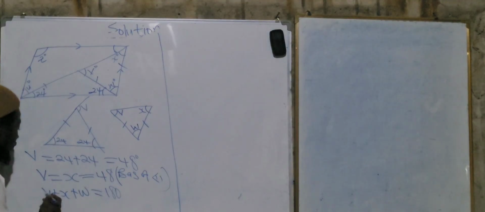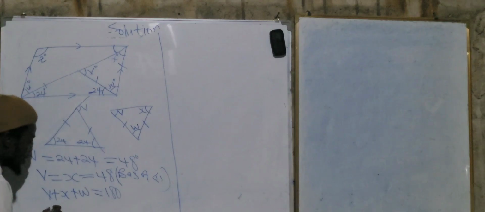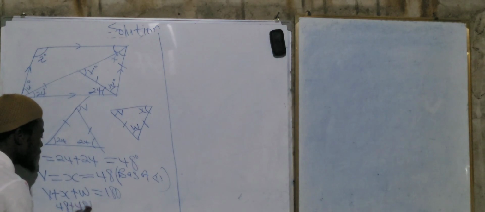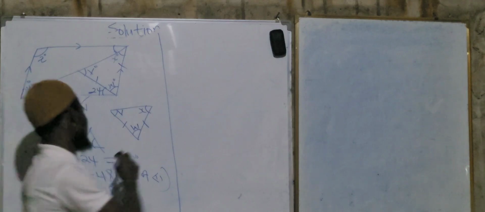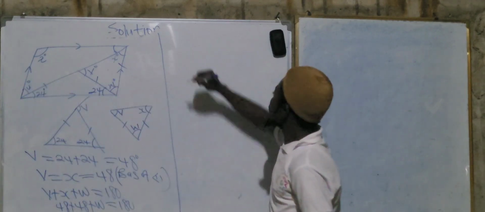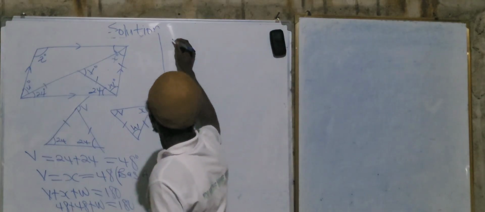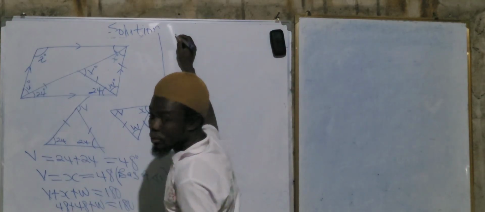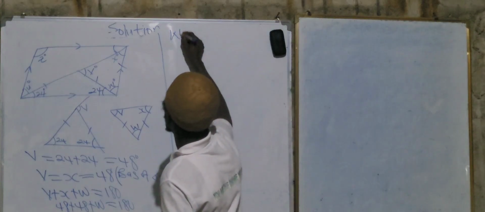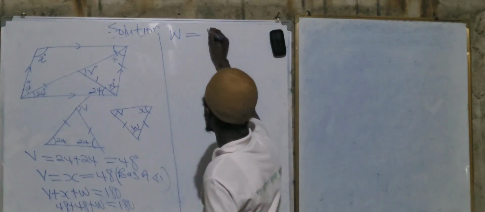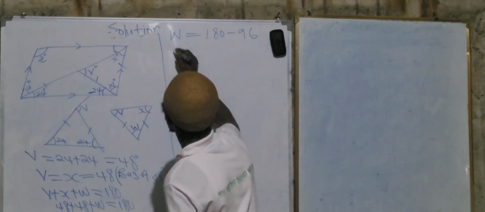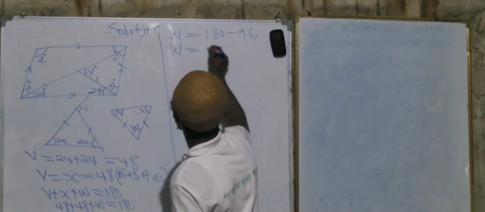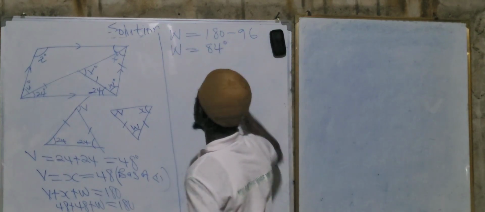Now V is equal to 48 and X is also 48, plus W is equal to 180. So 48 plus 48 is 96. W is equal to 180 minus 96, which is 84. W is equal to 84 degrees.